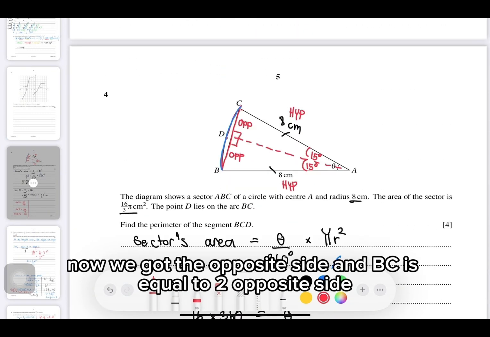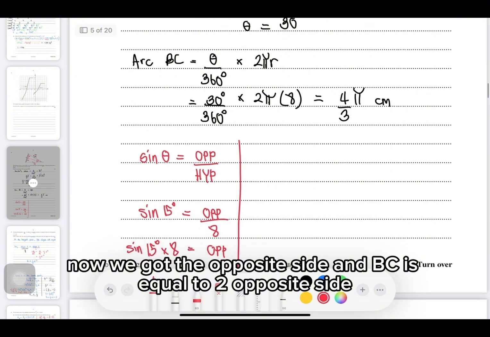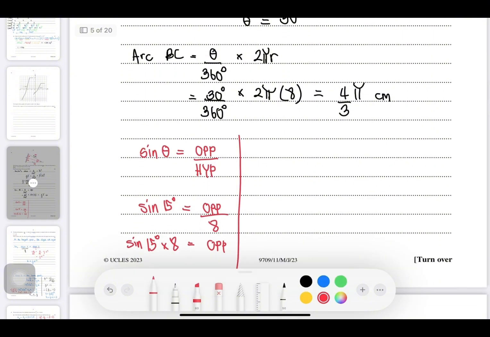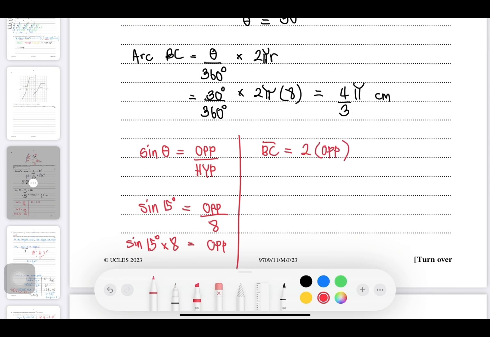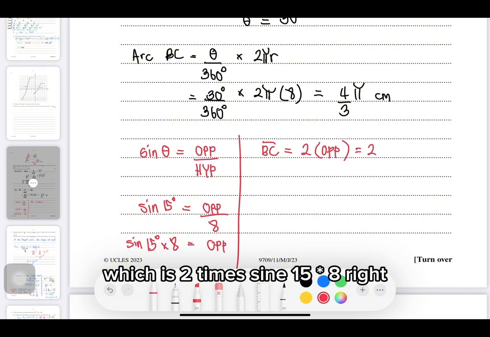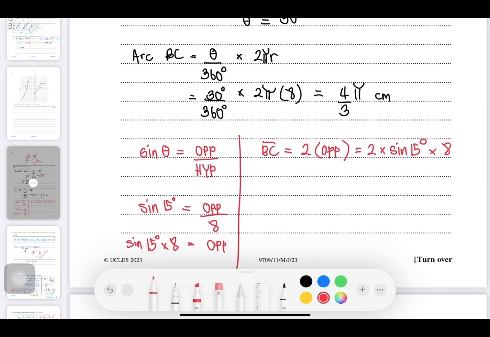Now we got the opposite side, and BC is equal to 2 times the opposite side, which is 2 times sine 15 times 8, right?